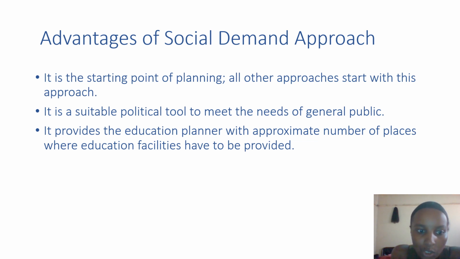Second, it is a suitable political tool to meet the needs of the general public. Thus, we find it as the most used approach. The third one is that it provides the education planner with approximate number of places where education facilities have to be provided.